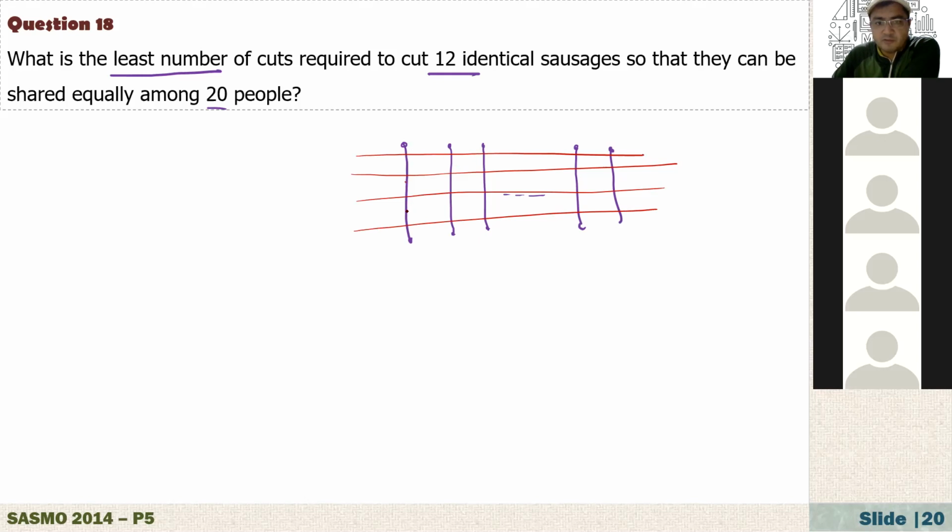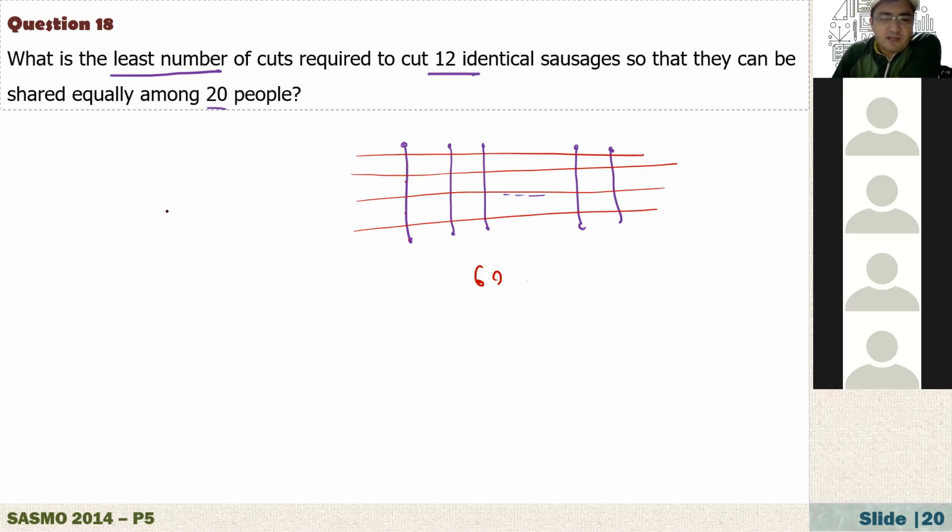That gives 5 pieces each, and for 12 sausages it is 60. Nargiz, Ismail, did you understand the solution? A little bit.